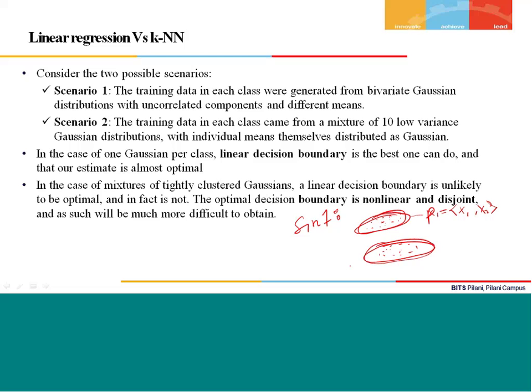The second scenario is that there are 10 different Gaussians. The training data in each class came from a mixture of 10 low variance Gaussians with individual means. So there are two classes again. Let's say in class orange there are 10 different Gaussian mixture models, and in class blue also there are 10 different Gaussian mixture models, and each one is generating some points.